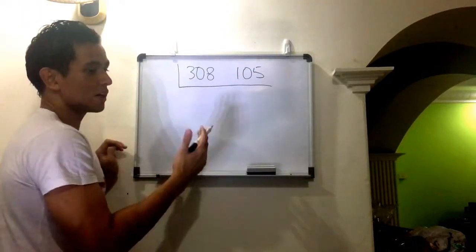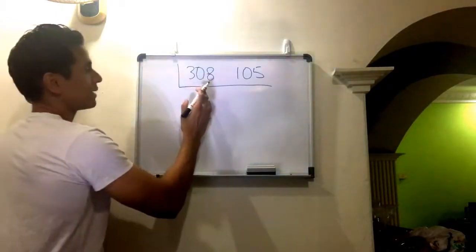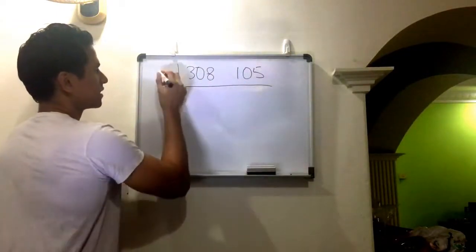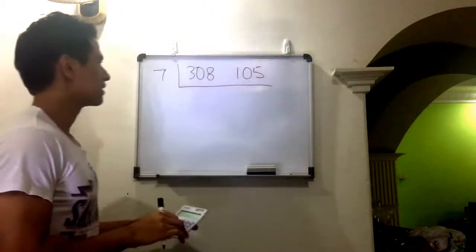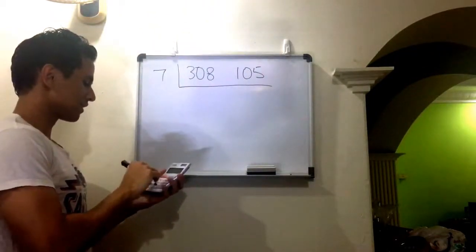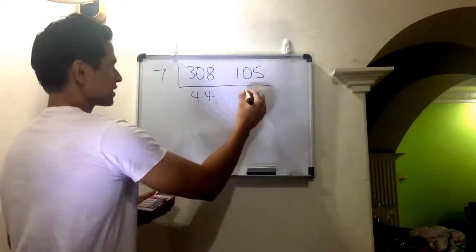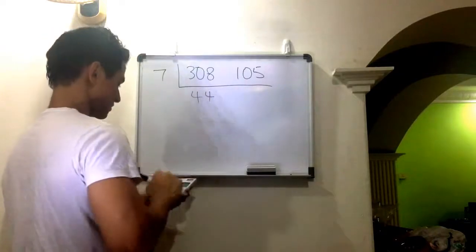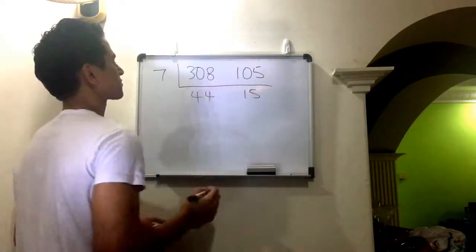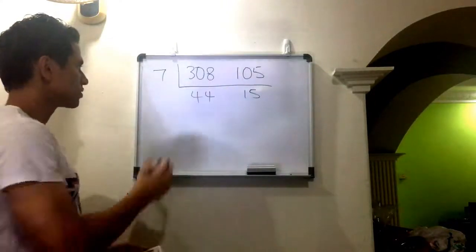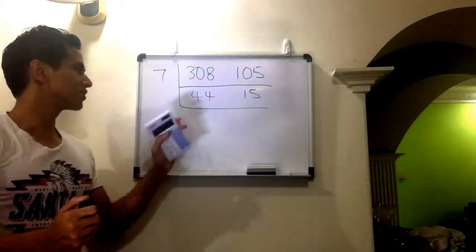After maybe some thought, we realize that 7 is a prime number that can divide both of these numbers. So 308 divided by 7 gives us 44, and 105 divided by 7 gives us 15. Okay, so now take a moment to think about these two numbers.